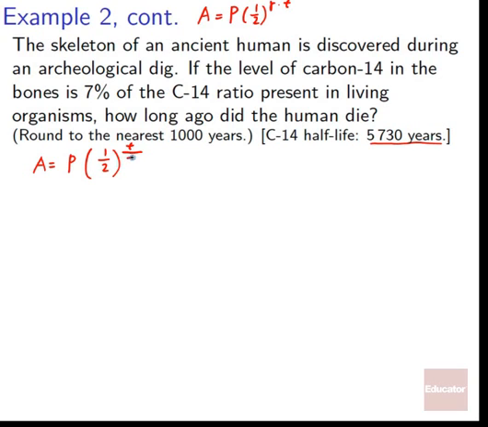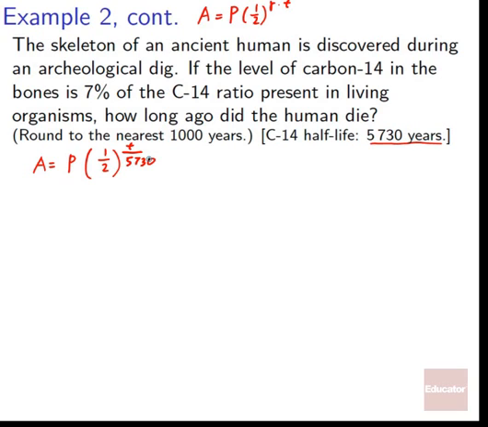So it's t divided by 5,730 years. That way, when t equals 5,730, we'll have an exponent of 1, and it will cause the half to go once. If it's 5,730 years twice, we'll have an exponent of 2, and we'll get 1/2 times 1/2, 1/4. Great, so that makes sense.